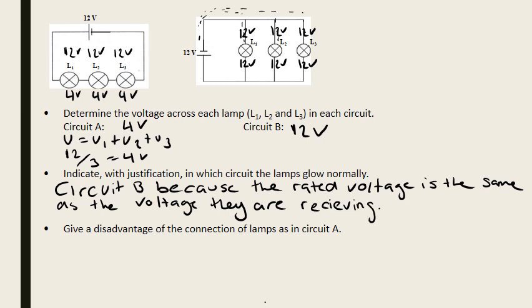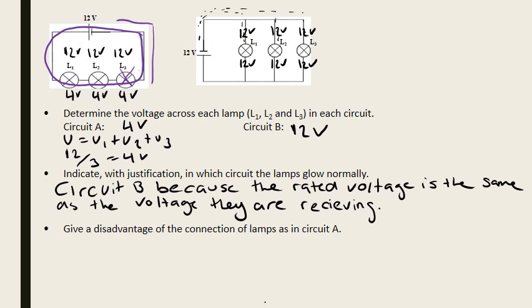Give a disadvantage of the connection of lamps as in circuit A. Now with circuit A, which is this one here, the problem is that if one of these lamps turns off, they will all turn off. So if L3 turns off, L2 will turn off, and L1 will turn off, because in a series circuit there is only one loop. So if one turns off, all the others will turn off.